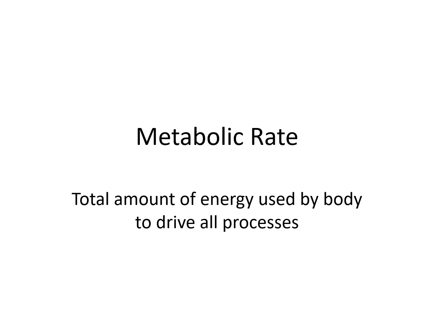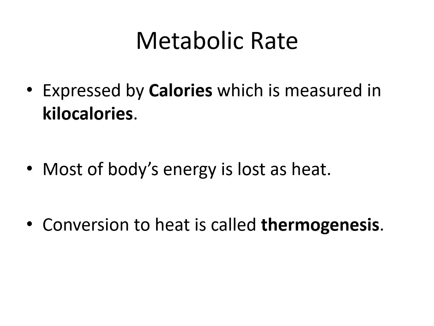We have also what's called the metabolic rate. It's the total amount of energy used by the body to drive all processes. Some people have a very high metabolic rate and they produce a lot of ATP. Others have a much lower metabolic rate. Now, the metabolic rate is expressed in calories, which is measured in kilocalories, as we said at the beginning of the lecture.